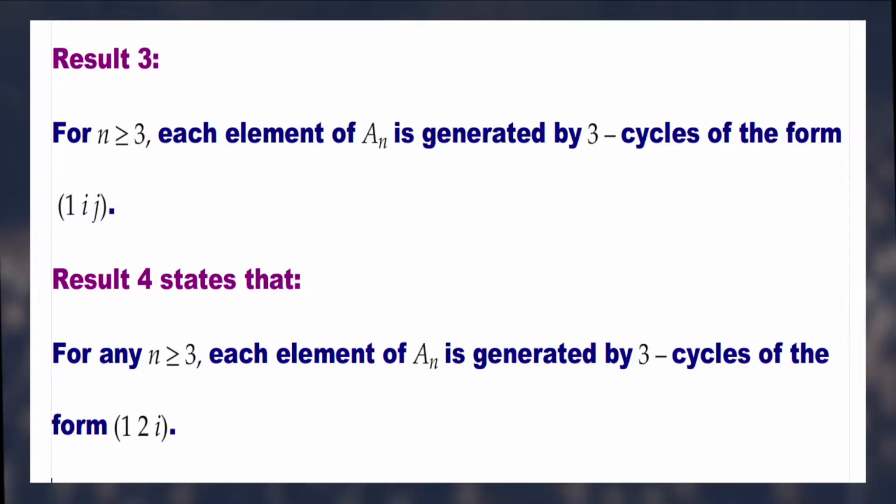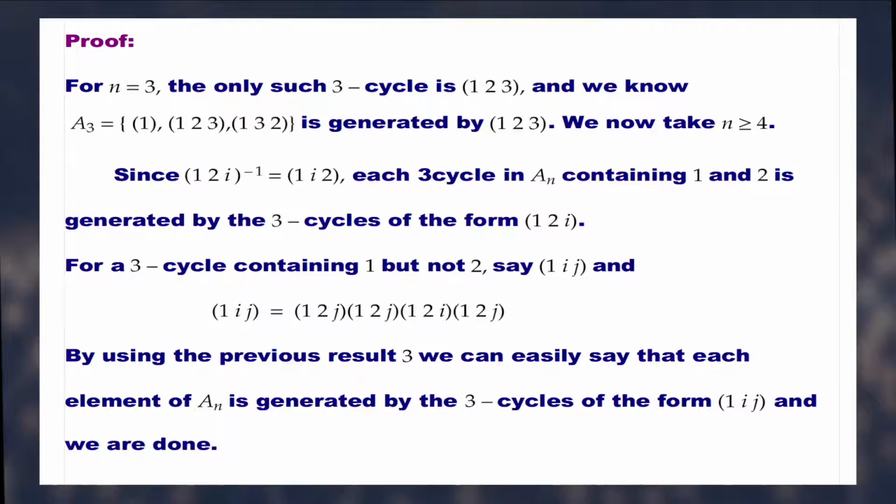Let us prove this. For n equal to 3, the only such 3-cycle is (1 2 3), and we know A_3 is equal to the set {e, (1 2 3), (1 3 2)}, which is generated by (1 2 3).